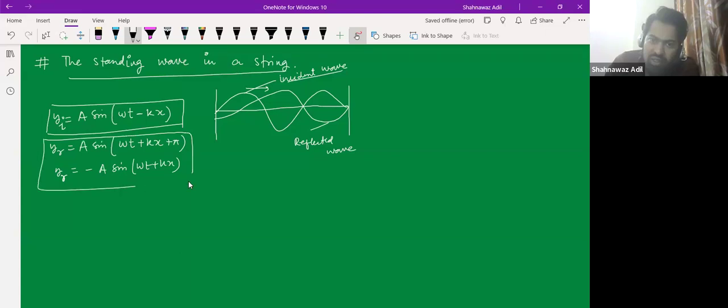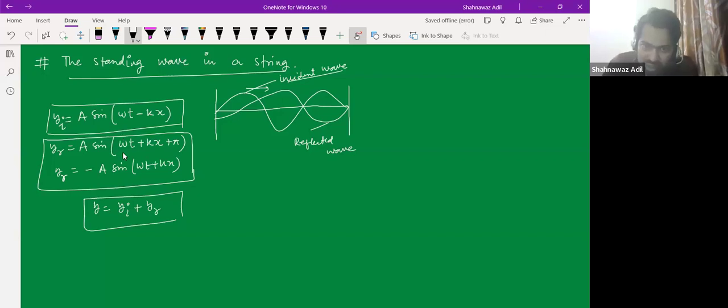And okay, so you note down the equations and then the calculation. You just note down these parts, and now we have that both have the same amplitude, same frequency and everything same. They are just moving in the opposite direction.